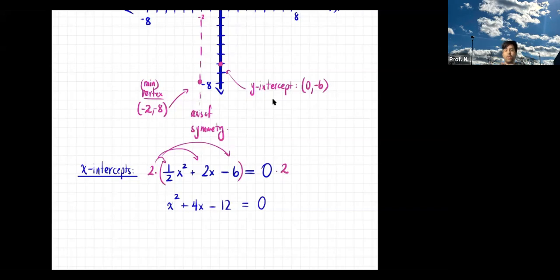I just changed the way it looks. Because from here, what can I do? I can factor. What does x squared plus 4x minus 12 factor into? What multiplies to -12 and adds up to +4?